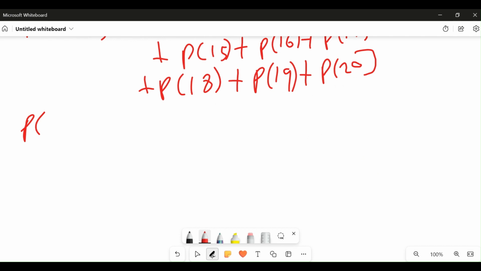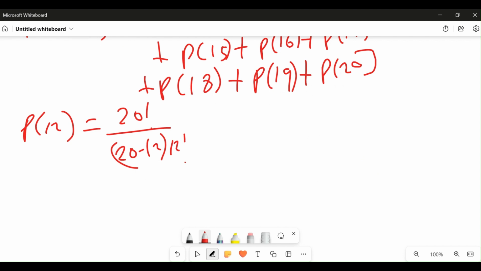P of 12 would be 20 factorial all over (20 minus 12) factorial times 12 factorial. The probability of success is 0.5, which is 1 over 2, raised to power 12. The probability of failure is also 0.5, raised to power 20 minus 12, that would be 8.